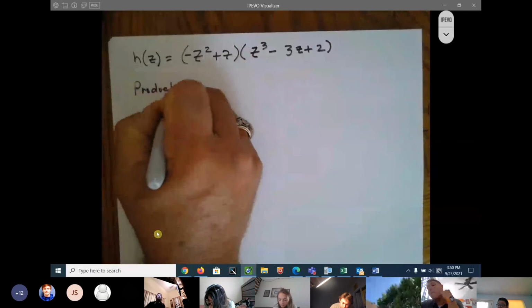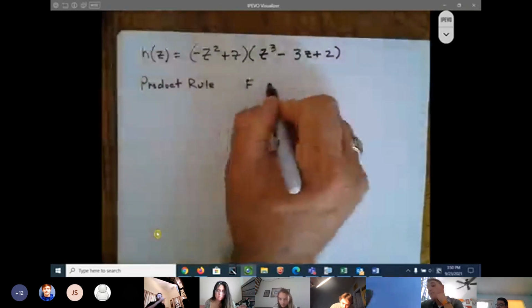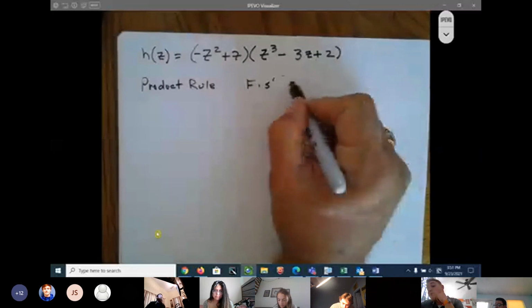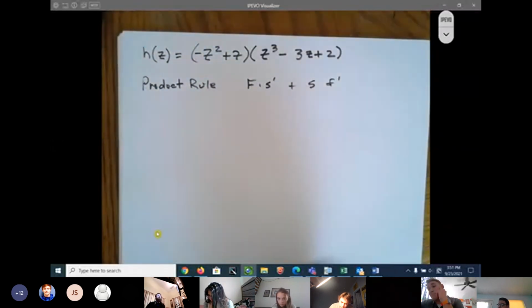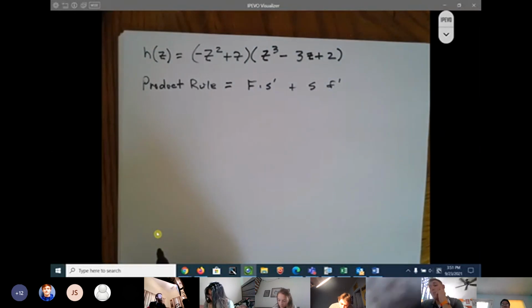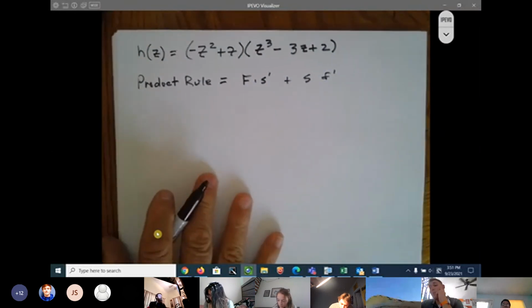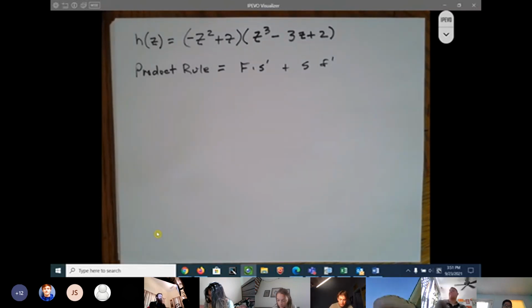Product rule says first times the derivative of the second plus the second times the derivative of the first. You could also do algebra first, but I probably wouldn't because I don't want to do all that multiplying, but you can do either one.